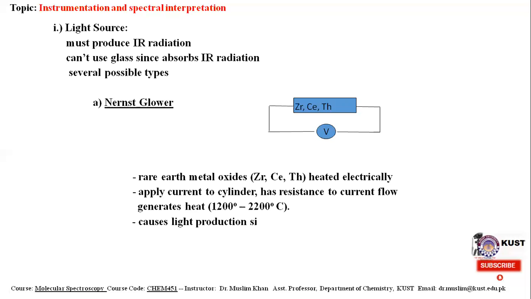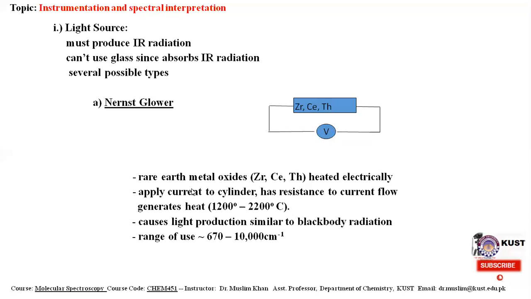This causes light production. It is quite similar to black body radiation, as you know from your intermediate physics, what black body radiation is. So this light source produces light quite similar to black body radiation.